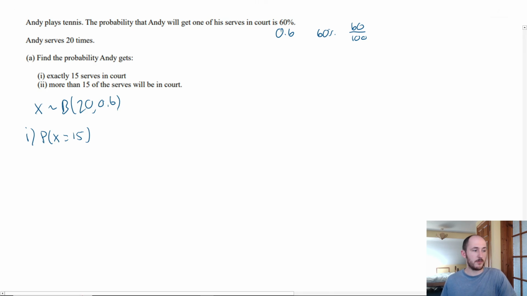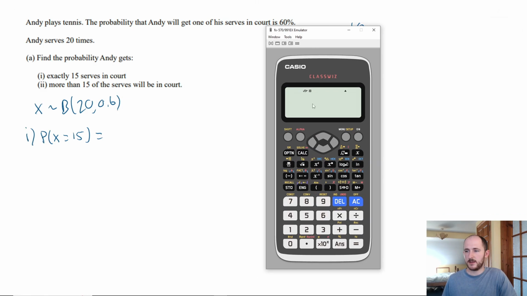We're going to do the probability distribution. So, menu, 7, binomial PD, because we have an exact value. It says exactly. 15 equals 20 equals 0.6 equals, and that gives me 0.075.